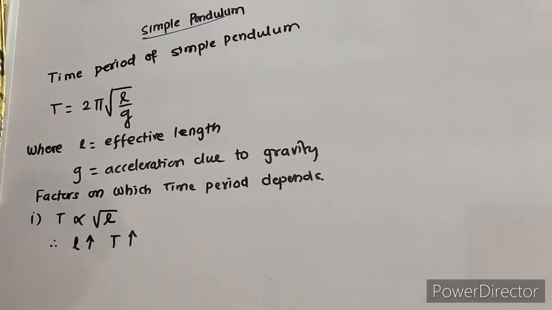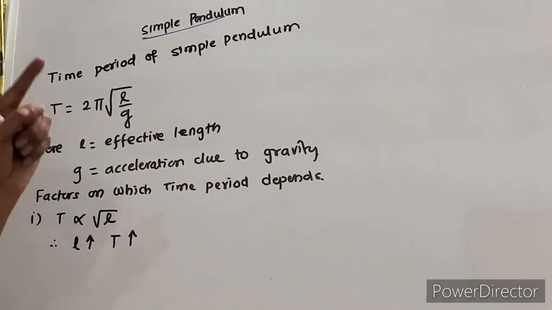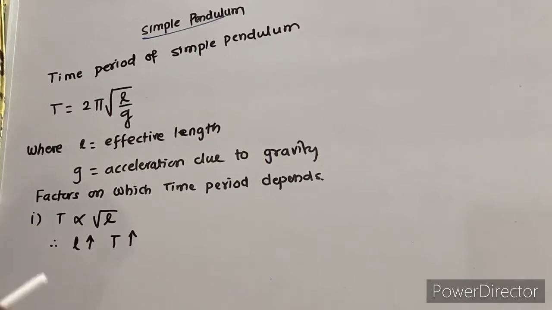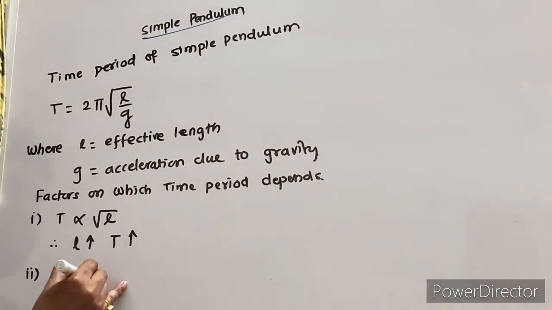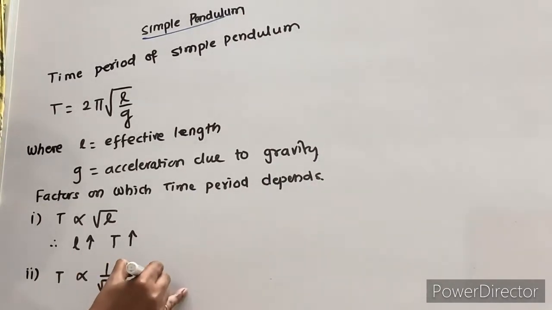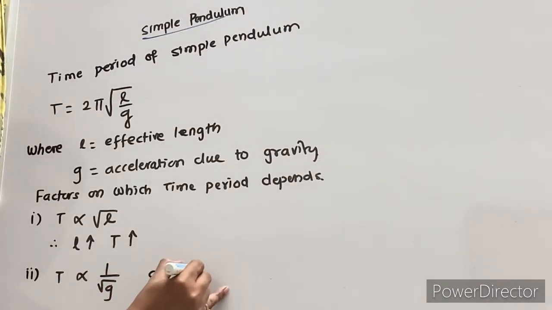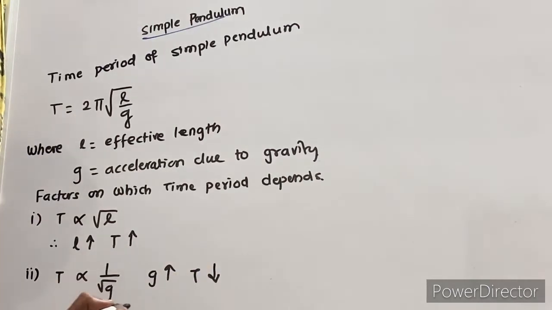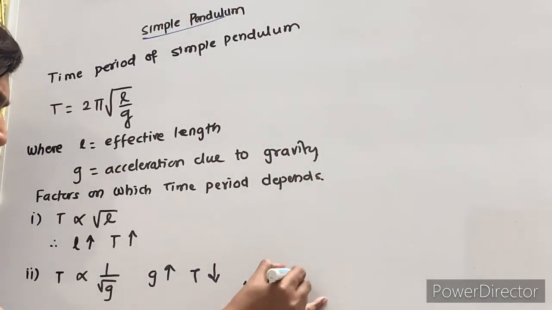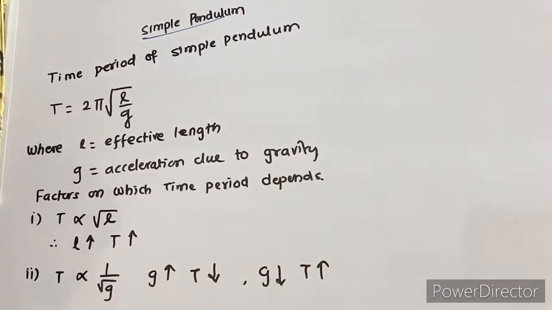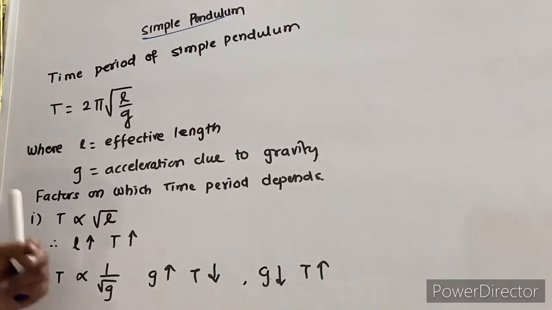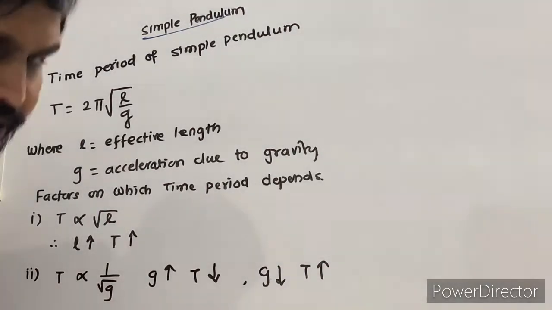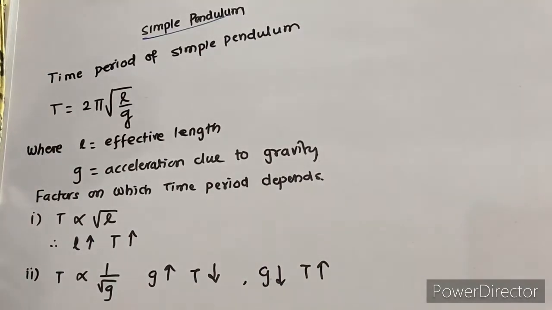The clock will slow down if the effective length is increased. Second, time period is inversely proportional to the square root of g. If you increase g, time period will decrease, or if you decrease g, time period will increase. These are the two factors on which time period of a simple pendulum depends.